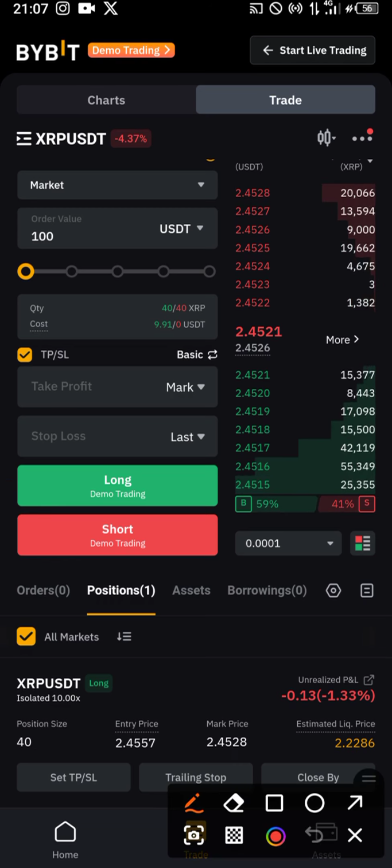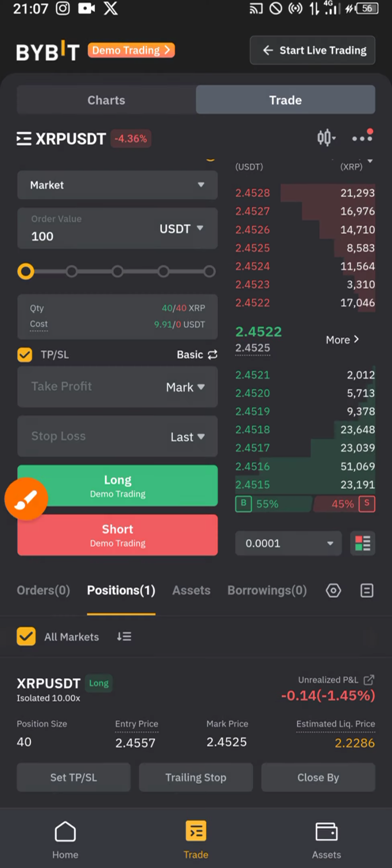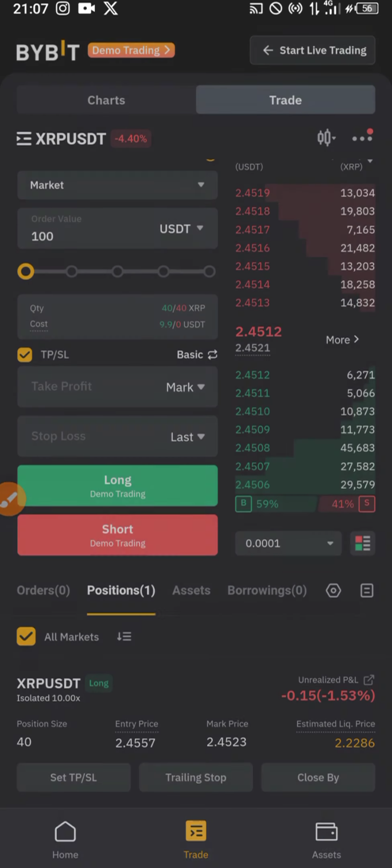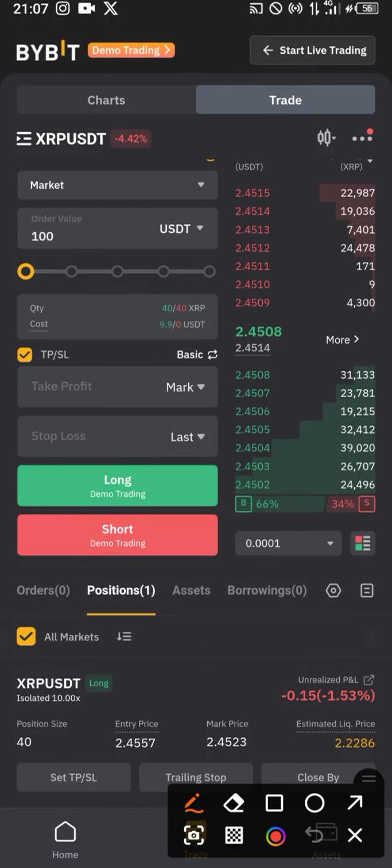When you click here, you click on estimated LQ price. Sorry, you click here, you click on the percentage, the values here.